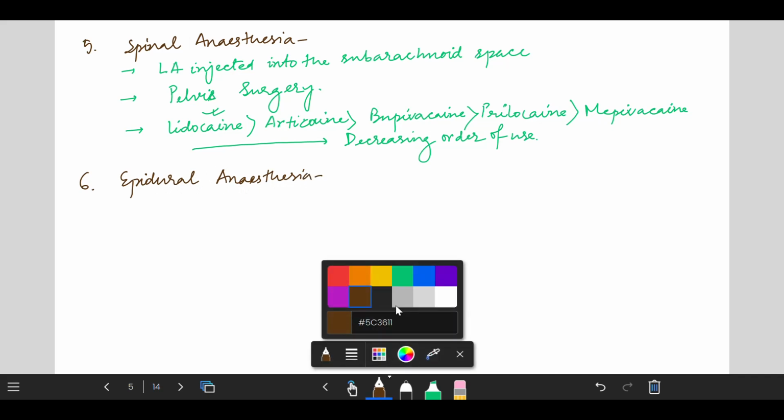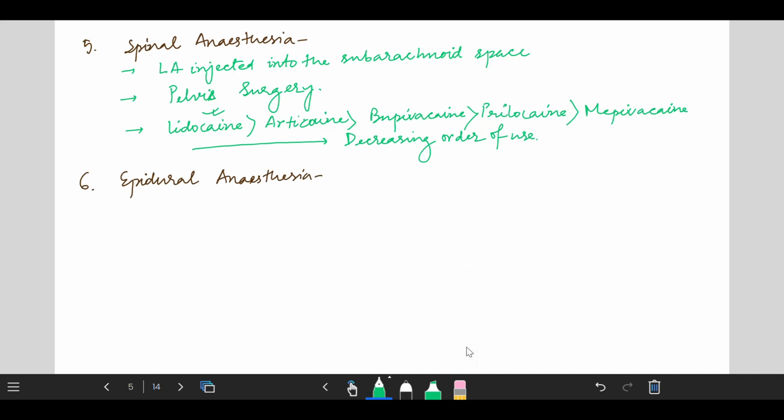This kind of anesthesia is achieved by injecting local anesthetic into the epidural space and is used in labor.